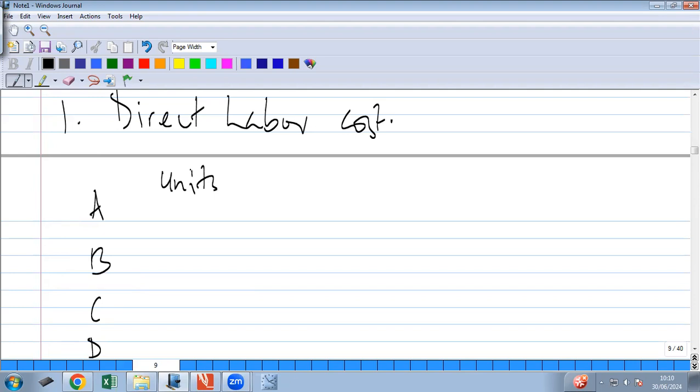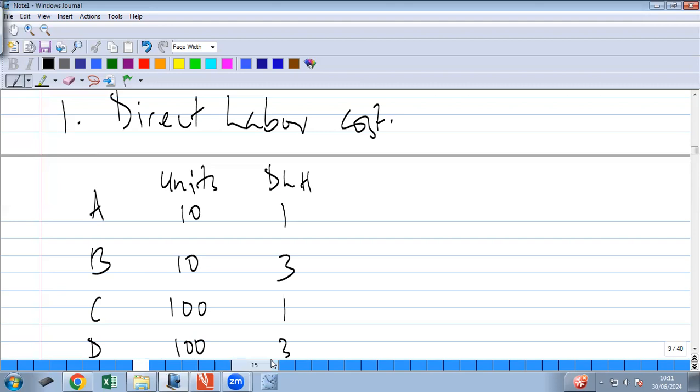How many? We have 10, right? 10 here, 100, 100. Then we have how many direct labor hours? How many we need for product A? 1, 3, 1, 3, right?